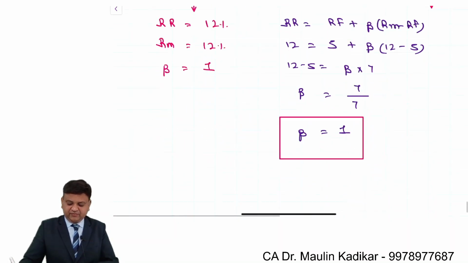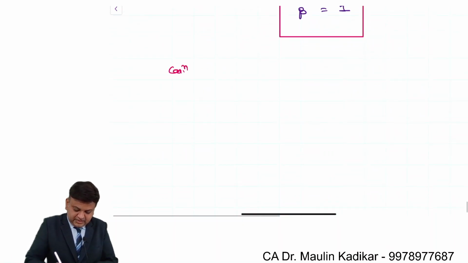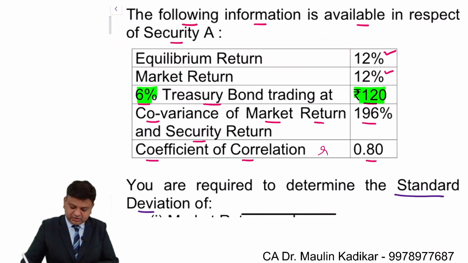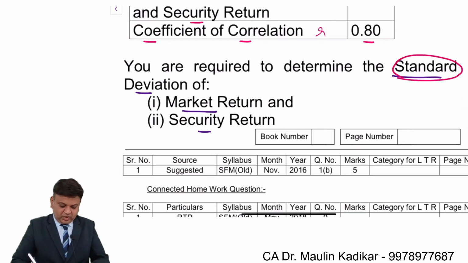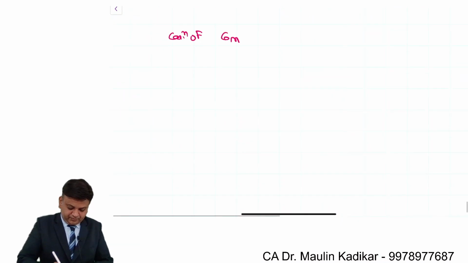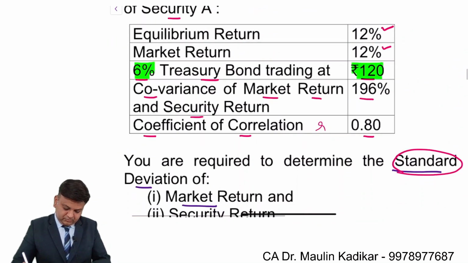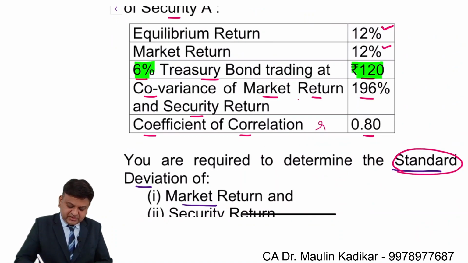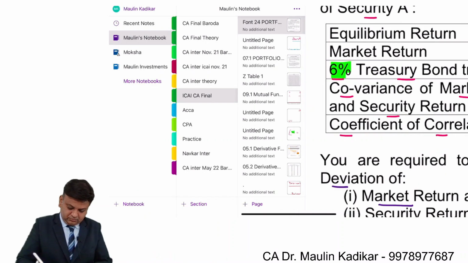Now once you compute the beta, afterwards comes the calculation of the standard deviation of the market portfolio, because the question asks for it. We know that beta is equal to R into standard deviation of security, sorry, over here covariance information is given to us.